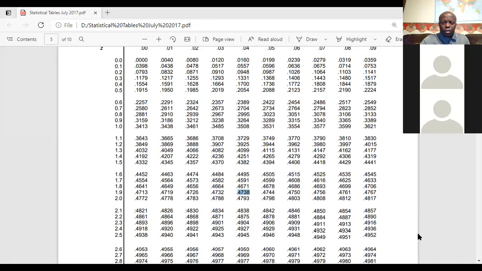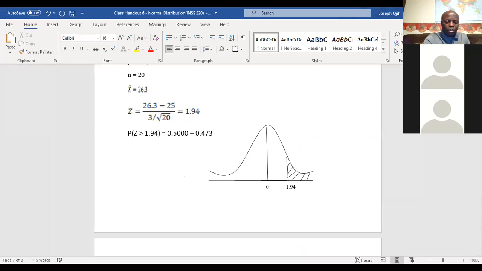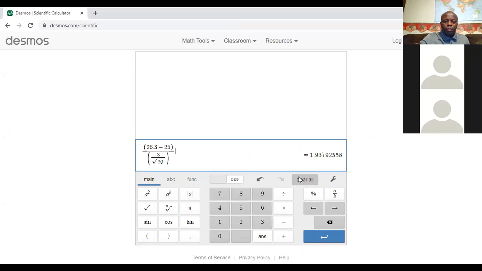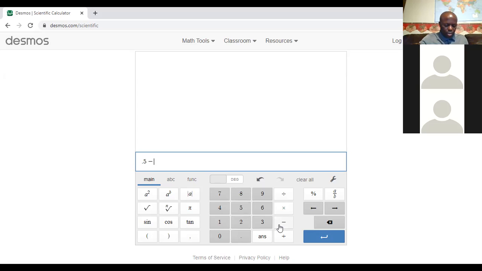Subtracting this on a calculator, 0.5 minus 0.4738 equals 0.0262.